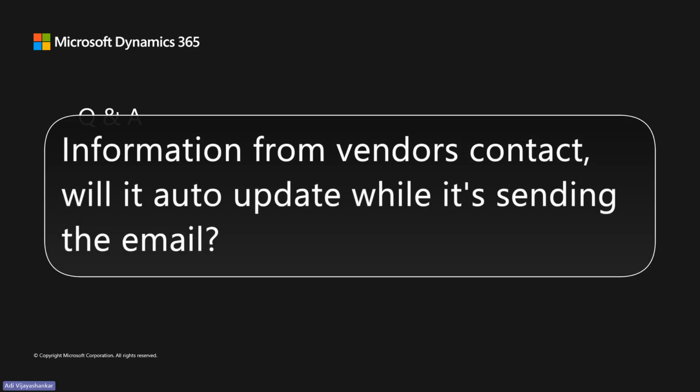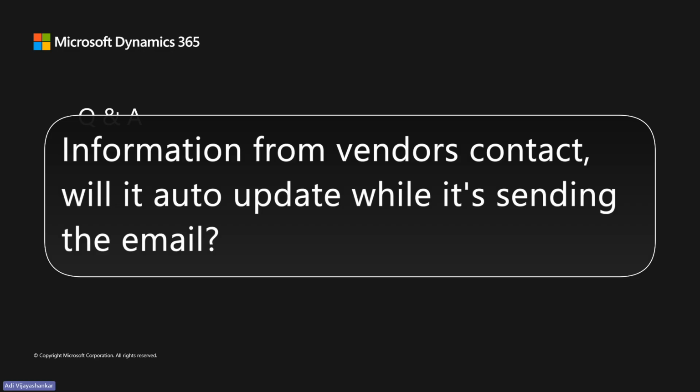So information from vendors contact, will it auto update while it's sending the email? So I'm going to elaborate and just so that I'm detailing the question. So what this means is you're saying that in the case of where it is us, as in the organization, sending out emails to vendors, where either on multiple cases of follow-up, which is one of the follow-ups was the purchase order is not yet confirmed, or you not gotten the confirmation date for a vendor you're following up, or a follow-up where there is a delay to the purchase order and therefore you want to ask where the urgency is a bit more.